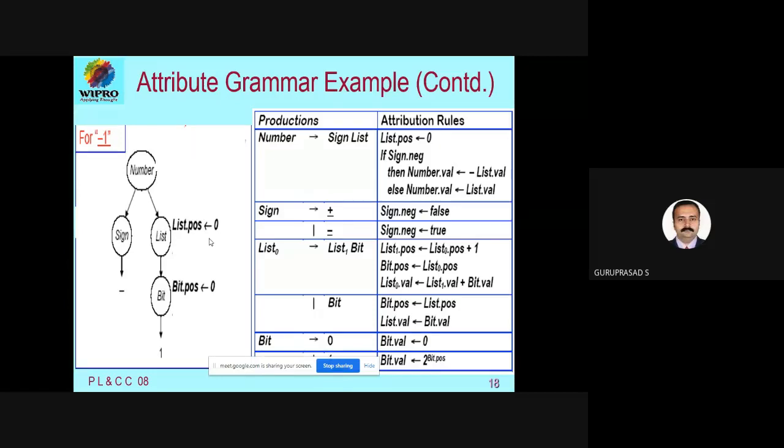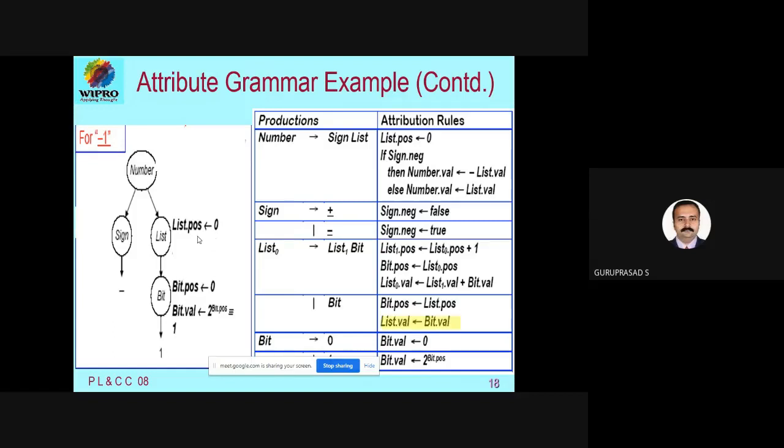So for that reason, bit dot position is also equal to 0. Next, we compute bit dot val, as we now have bit dot position. Bit is producing 1, so for that reason, bit dot val is equal to 2 to the power of bit dot position, that is 2 to the power of 0, that is equal to 1.